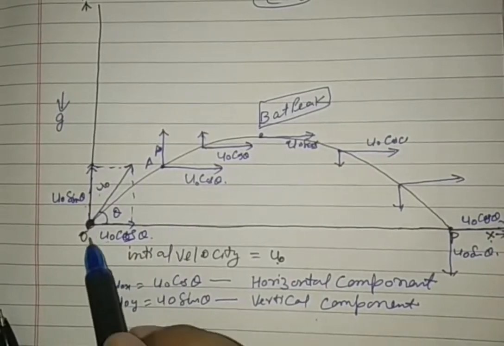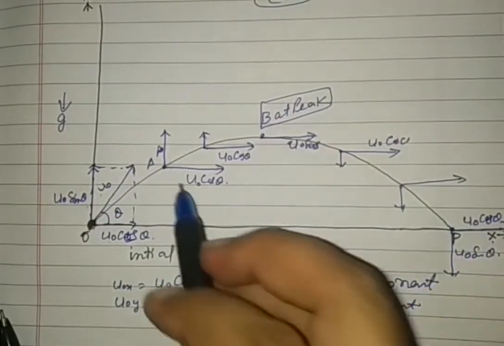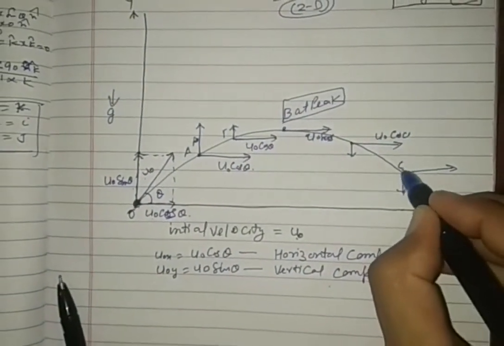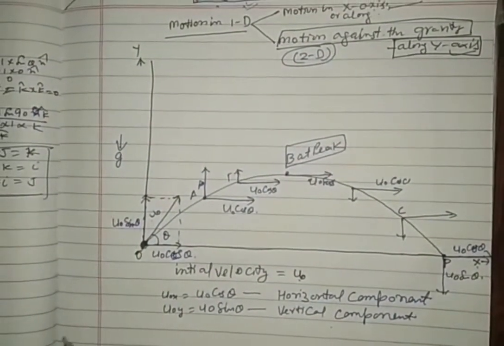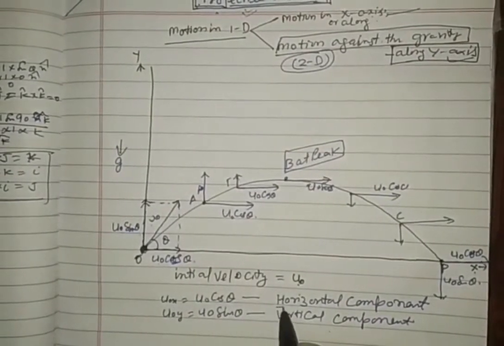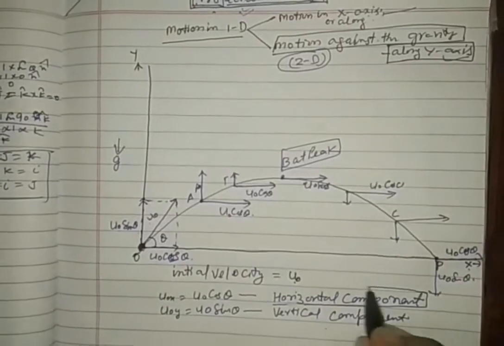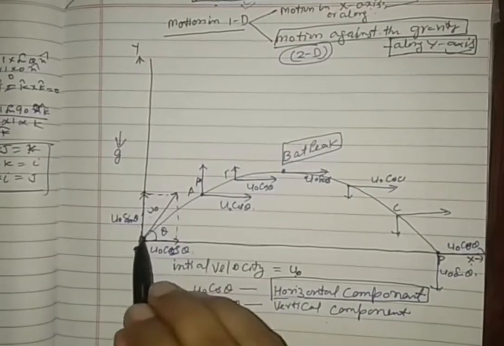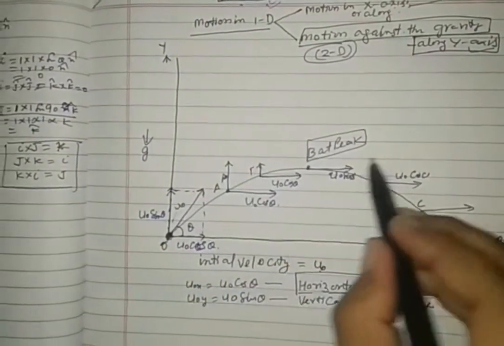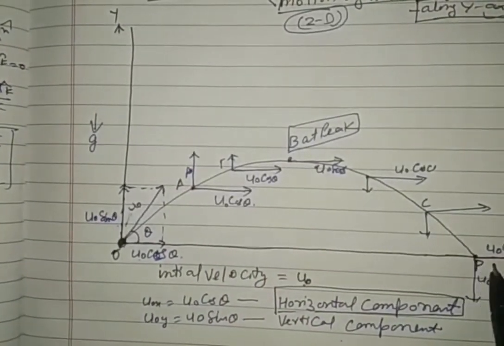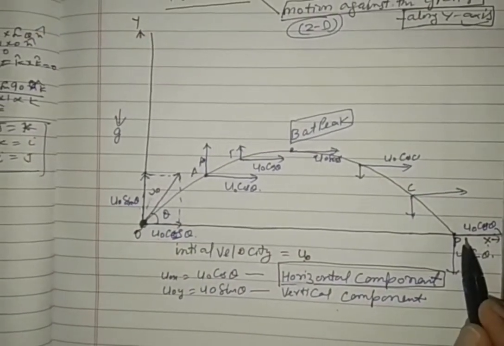So when we move from O to P along the path O, A, B, C and P, the horizontal component remains the same, with no effect of acceleration. But its vertical component decreases, becomes 0 here, then increases downward, and at point P has a maximum.